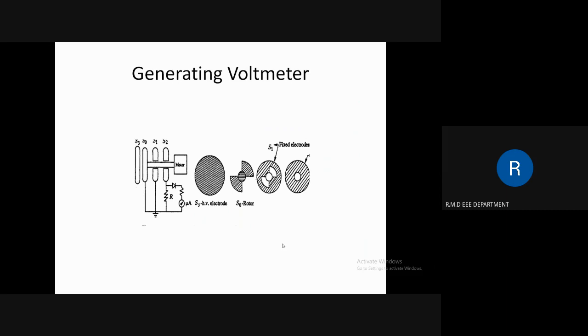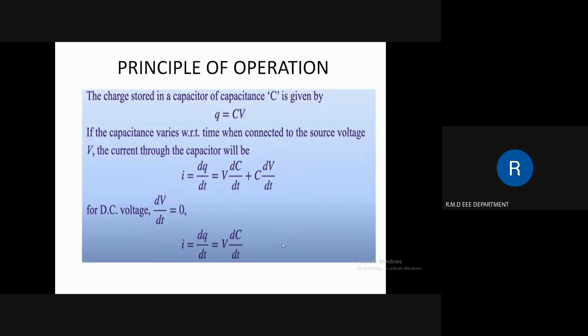For measuring purposes, the surface area of the electrode, A, is considered. Here is the principle of operation in terms of expression.